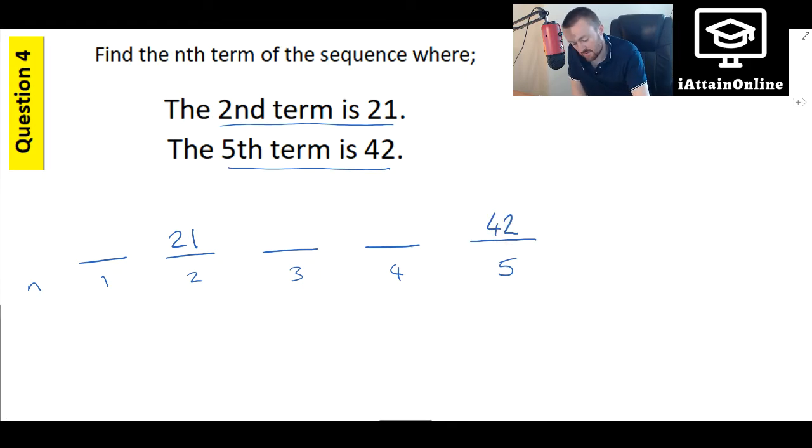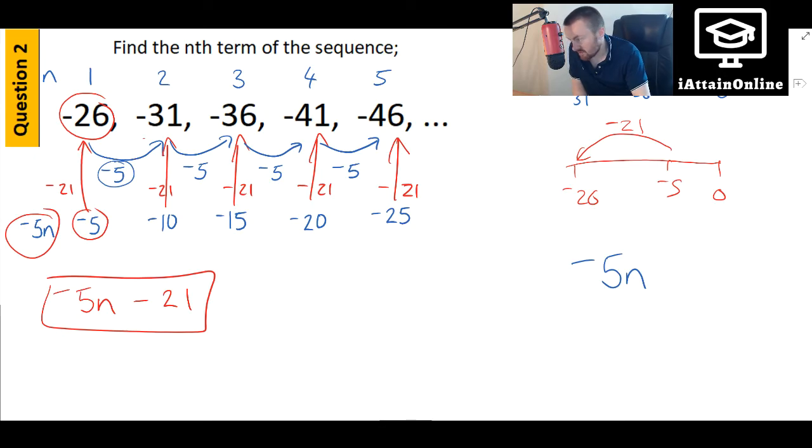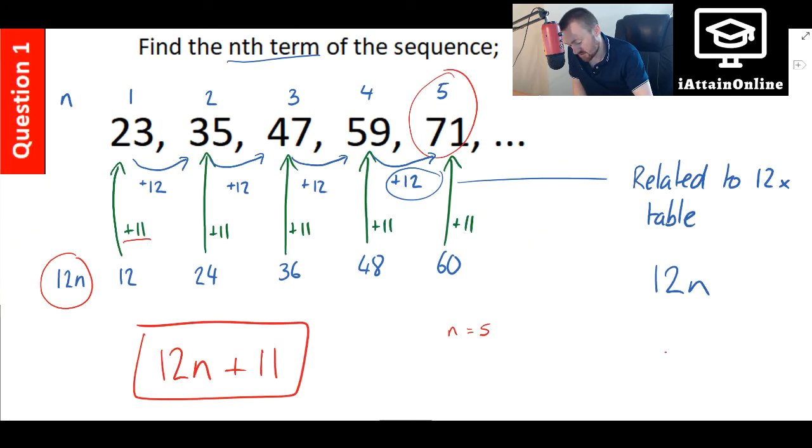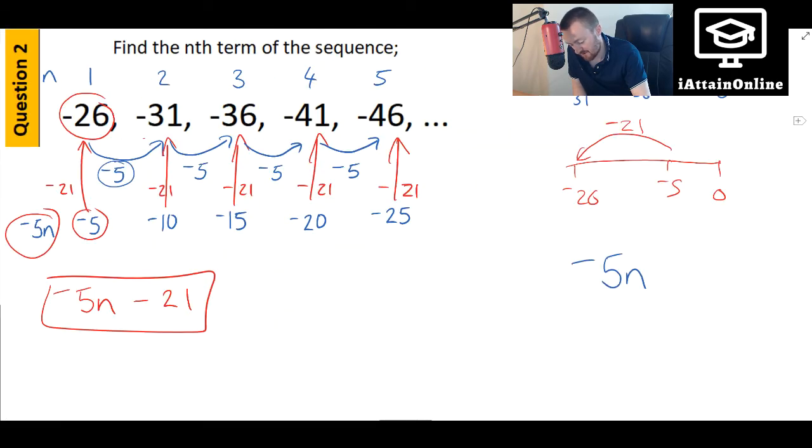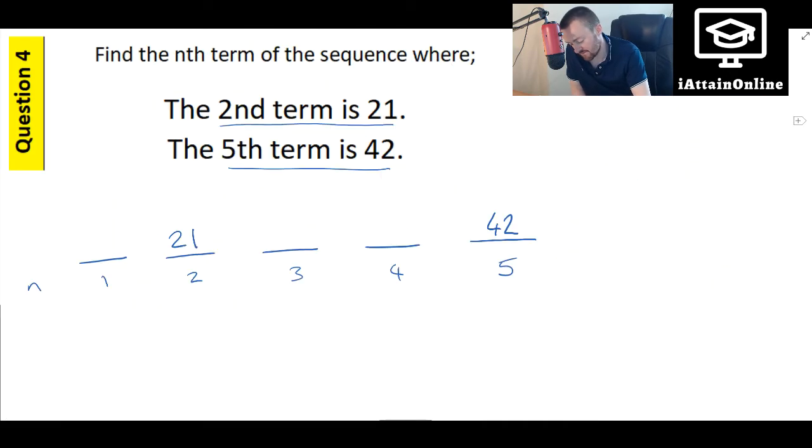Now, as you spotted in the previous examples, with these what we call linear sequences, the difference each time is the same. So in the first one we did, we were adding 12 each time. Second one we'd taken away 5, and the third one we were adding 5.5.